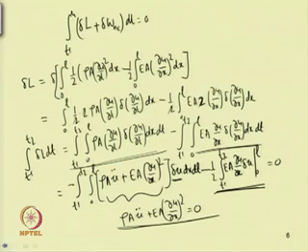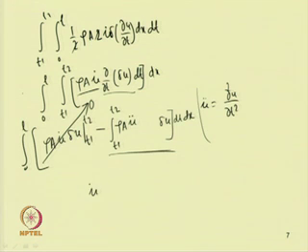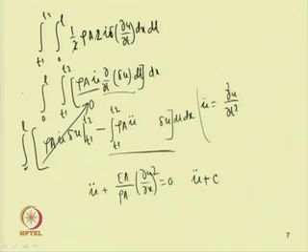So, the final equation of motion becomes rho A u double dot plus E A del u by del x whole square equal to 0, or one can write this equation in this form: u double dot plus E A by rho A del u by del x whole square equal to 0. Here A can be cancelled, so u double dot plus c square del u by del x whole square equal to 0.